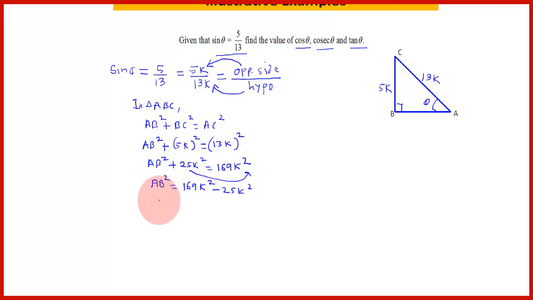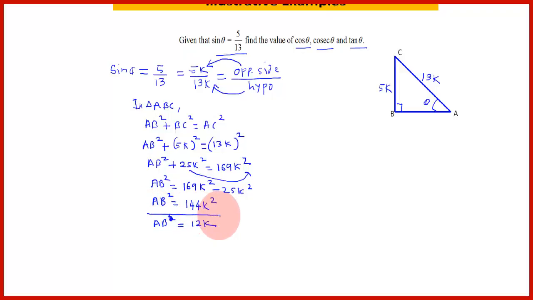So AB square is equal to 169 minus 25, that will be 144k square, and therefore, taking square root of both the sides, we get AB is equal to 12k.